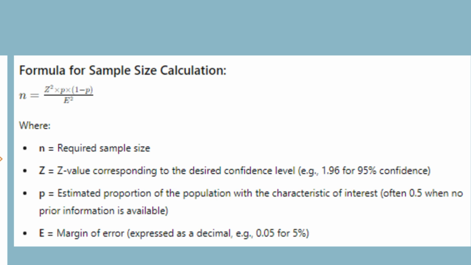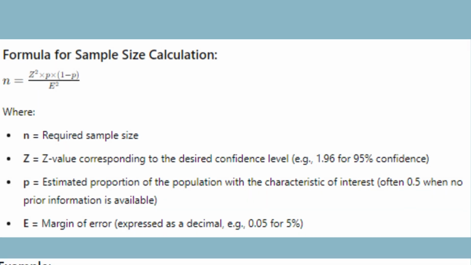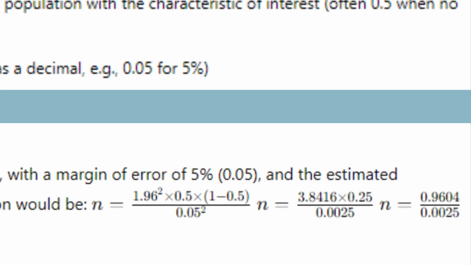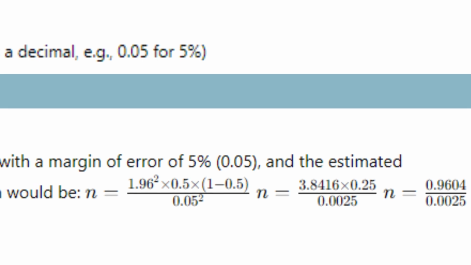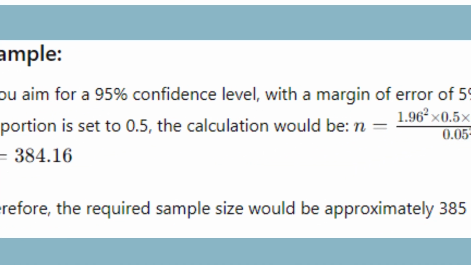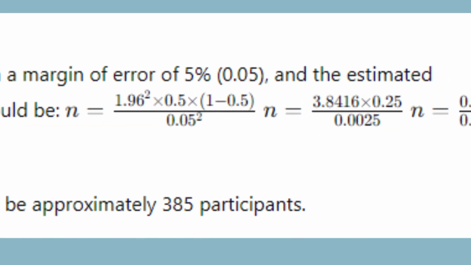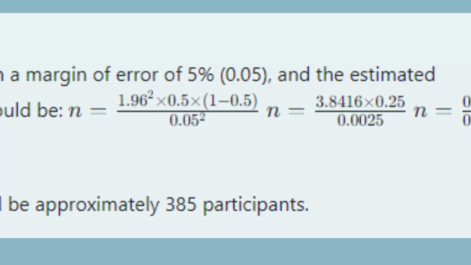E equals the margin of error, expressed as a decimal, for example, 0.05 for 5%. If you aim for a 95% confidence level, with a margin of error of 5%, 0.05, and the estimated proportion is set to 0.5, the calculation would be like this. It came out to be 384.16, and therefore the required sample size would be approximately 385 participants.